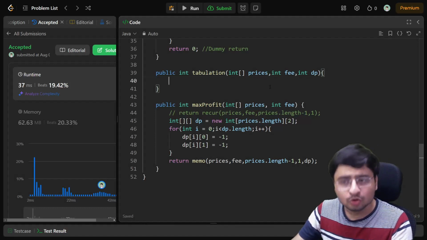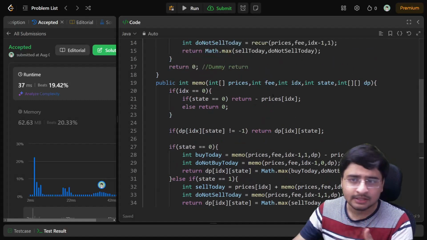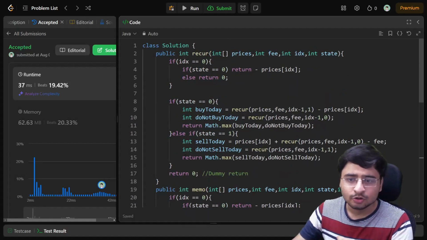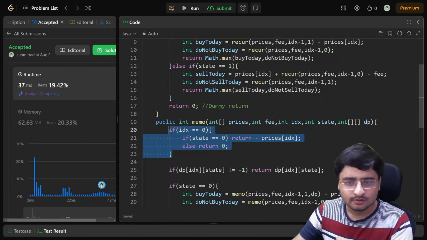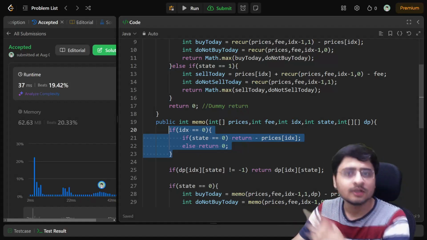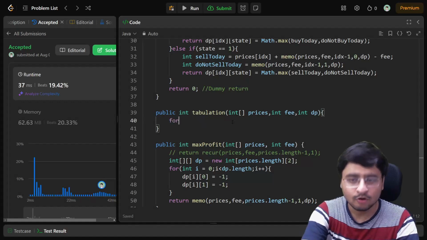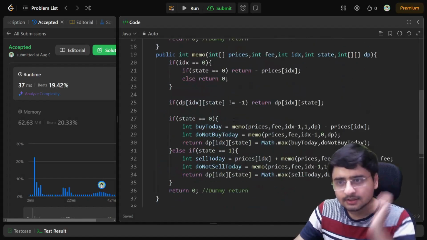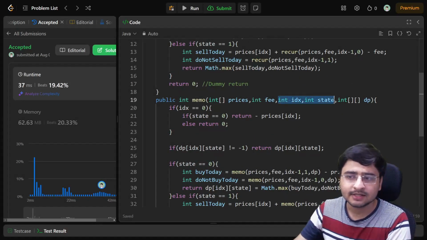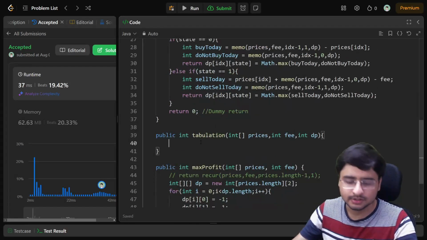Correct. What loops, you ask? The loops are pretty straightforward. It is going to go from the base case to whatever your final state is. So how many loops, you ask? Our recursion has two parameters, mainly index and state. So two loops are going to be there.